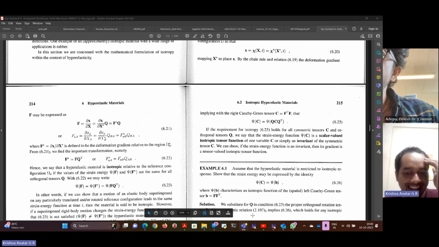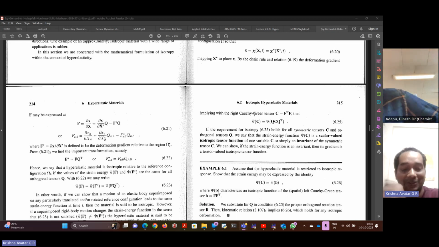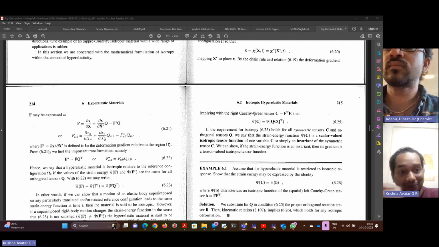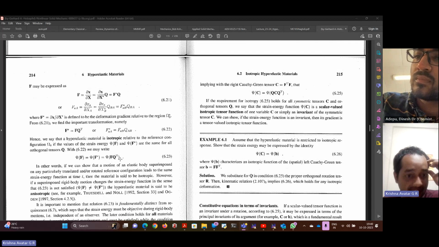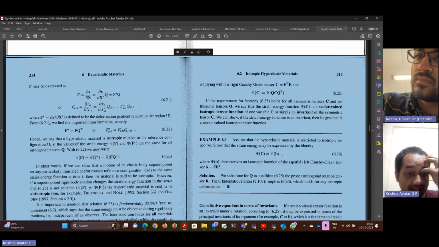That only Noll has done. If you look at his notes, you will find that in rigid body motion he has taken 2 different times. So observers are looking at the same phenomenon at 2 different times and from 2 different locations. That is how you define this, and this is the relation for isotropy, which is 6.23.